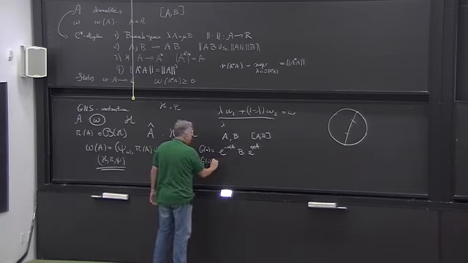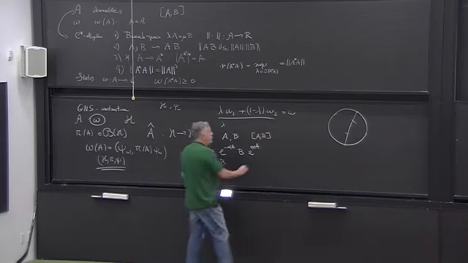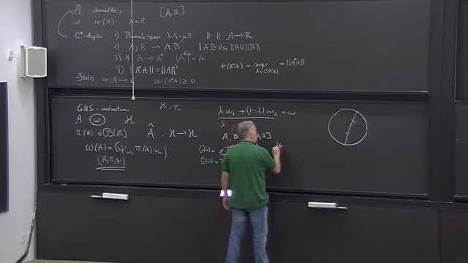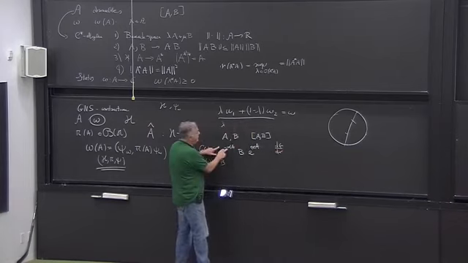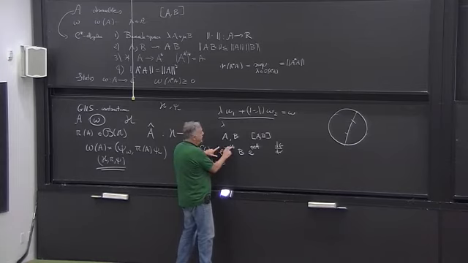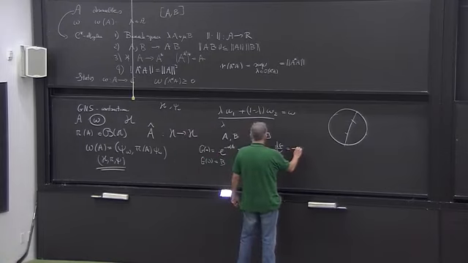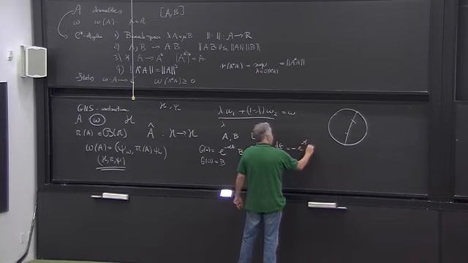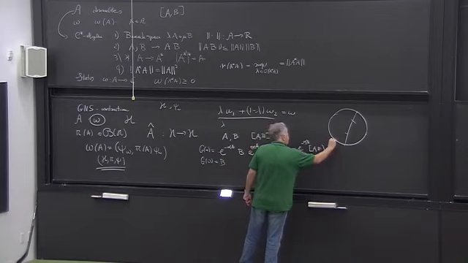This is B. And if you compute the derivative of G of alpha with respect to alpha, when you make the derivative of this, you get minus A B. And when you make the derivative of this, you get B A. So this is minus e to the minus alpha A, commutator of A and B, e to the alpha A.